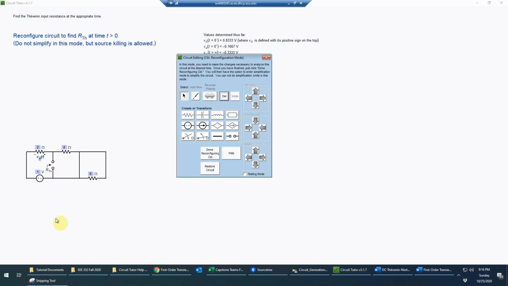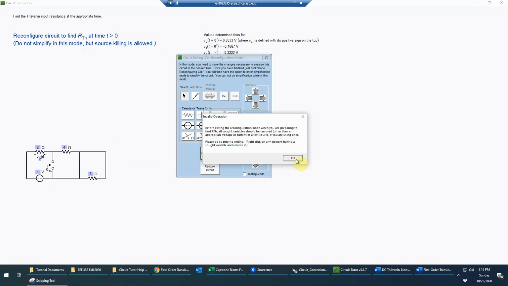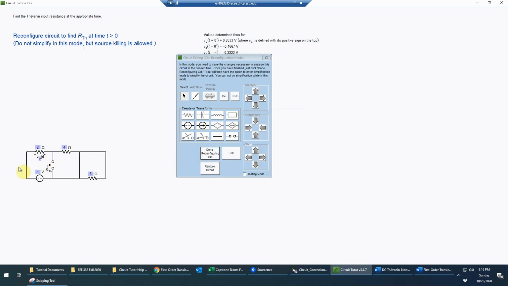And the other thing we're allowed to do here is to kill sources in this mode. But maybe I'll just show you if we don't do it, we can come back into the circuit editor. Oh, and it's also reminding me to remove that sought variable because that's of no interest when I'm finding our Thevenin. So just to make it simpler for the program, we're just going to remove that.